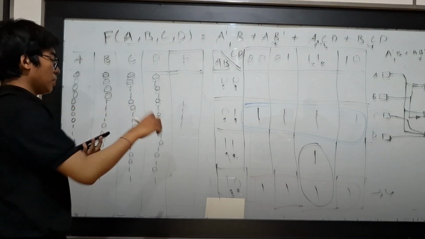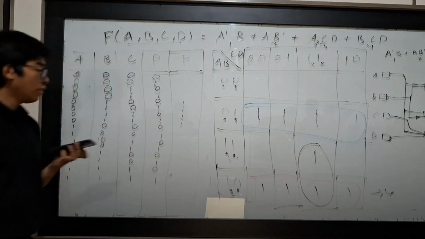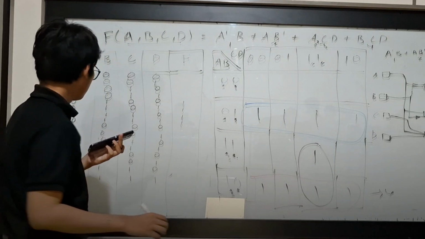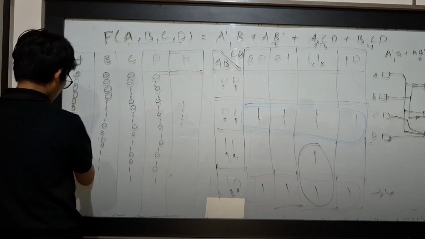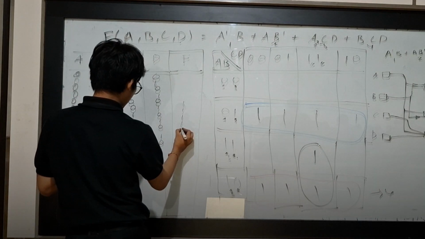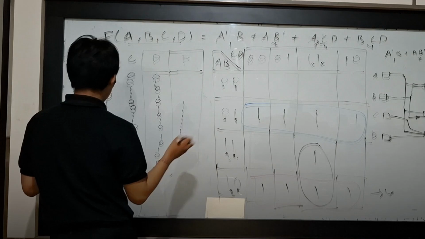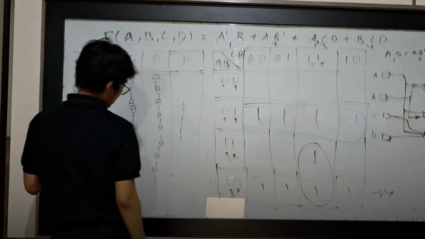And I'm gonna go to block 2. Block 2 is 1, 0, 0, 0. So from this area, 1, 0, 0, 0 is 1. And then 1, 0, 0, 1 is 1 also.